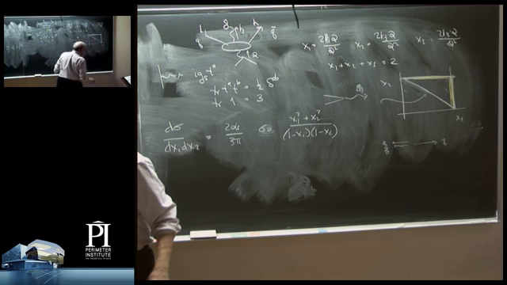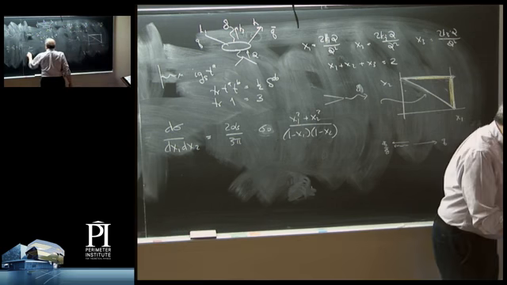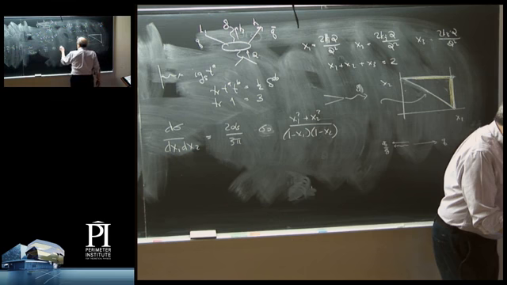So I won't go through any more details. Let me just write down the answer. dσ/dx1 dx2 is equal to 2 alpha s over 3 pi times sigma 0, which is this cross-section, times the behavior x1 squared plus x2 squared over 1 minus x1, 1 minus x2.